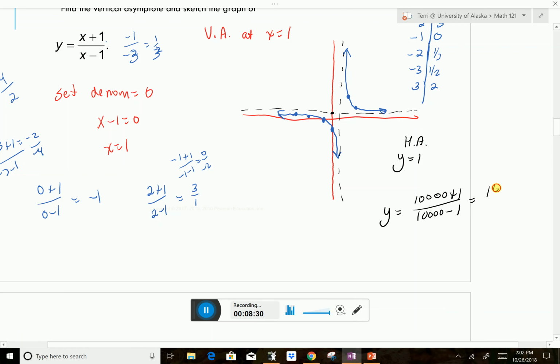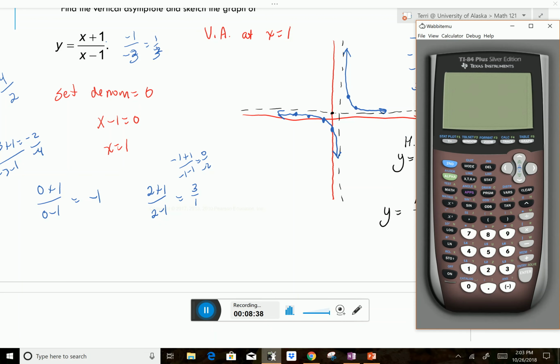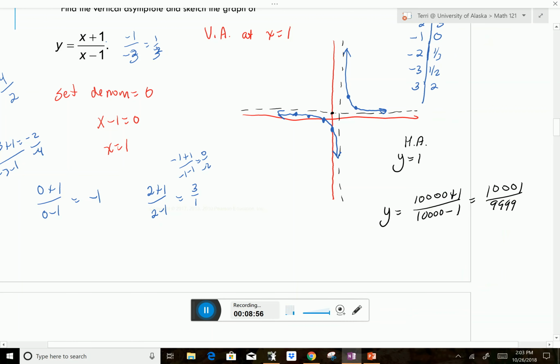That would be 10,001 over 9,999. Well, what is that? Pretty close to 1. That looks really darn close to 1. So you can see what's happening: as x gets really, really big, we get really close to 1.